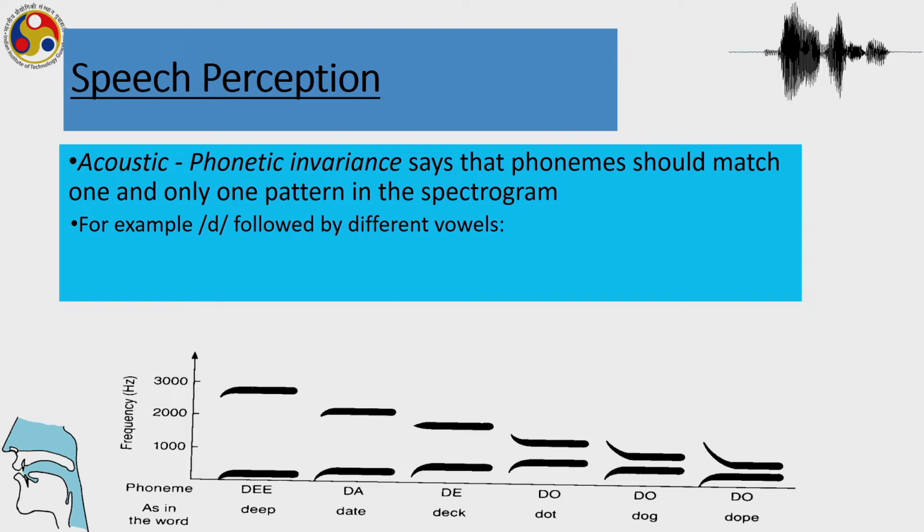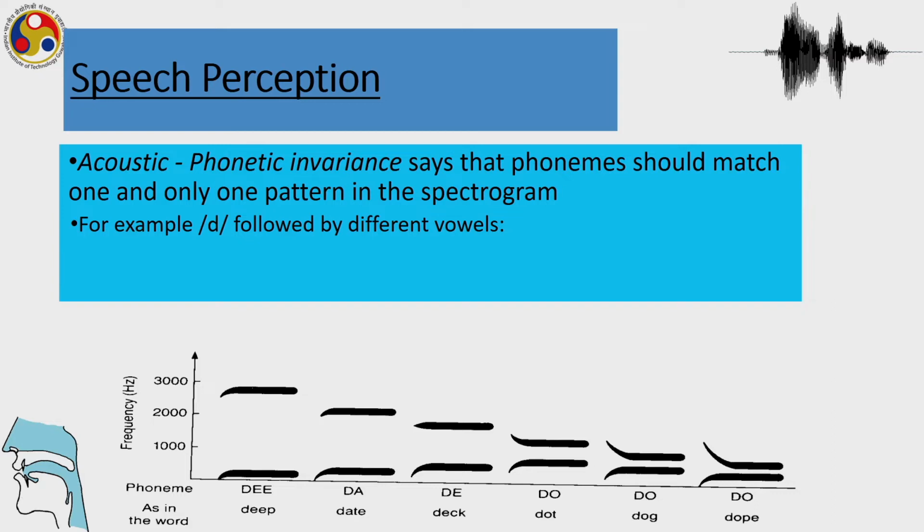The formants themselves will be different, of course, because the vowels are different. We know from our lectures on acoustic phonetics that if it's a high vowel, then we have low F1, and the difference between F1 and F2 is quite big, and that is because of deep, the E there.